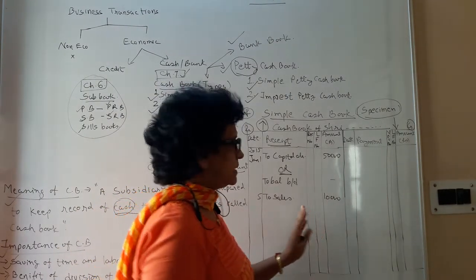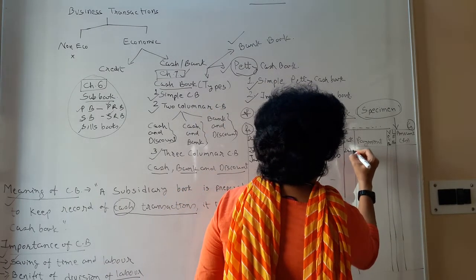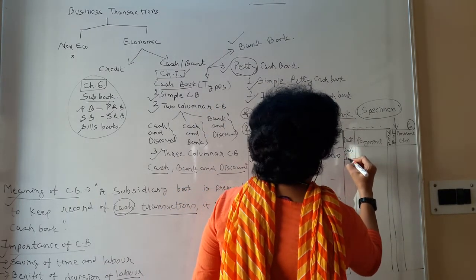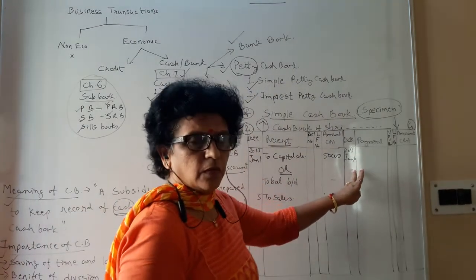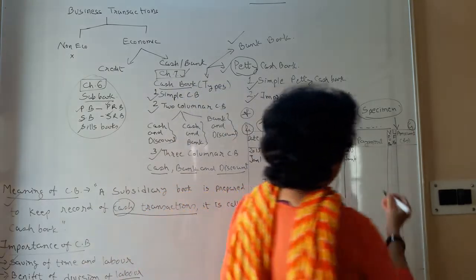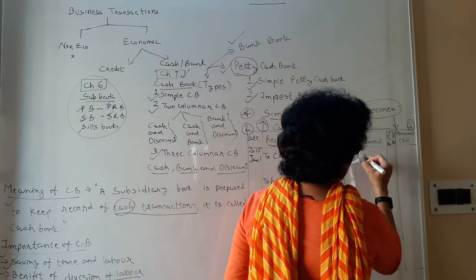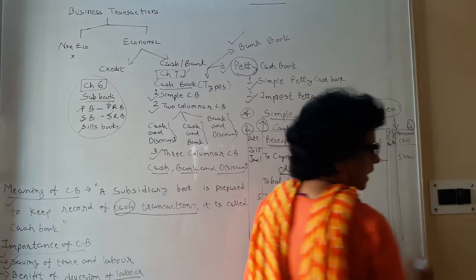So on January 4th, 2015, the transaction may be goods purchased of rupees 5,000, so by purchase, rupees 5,000.